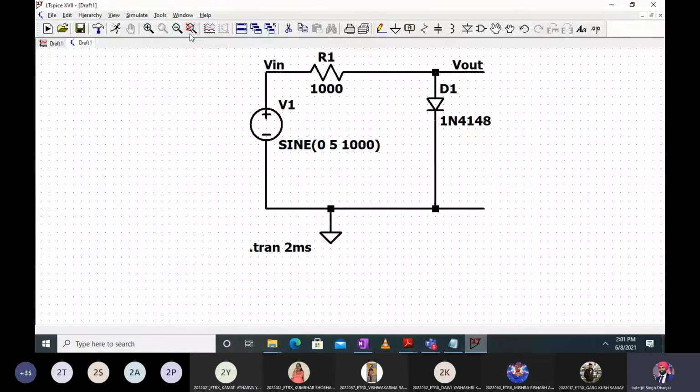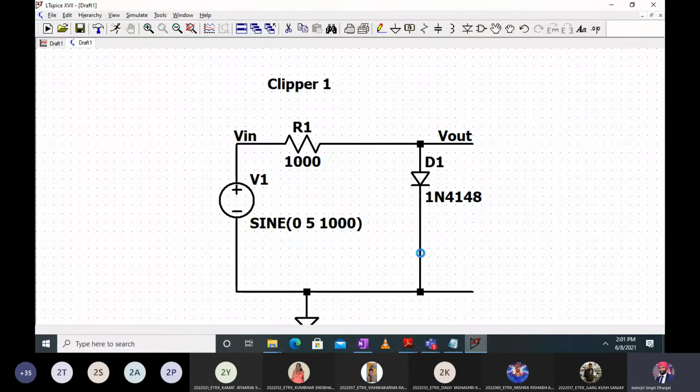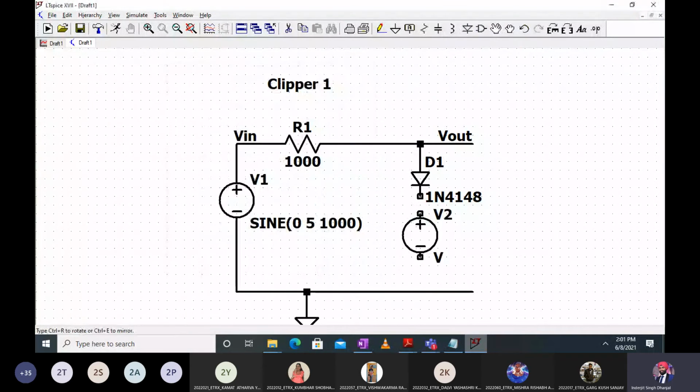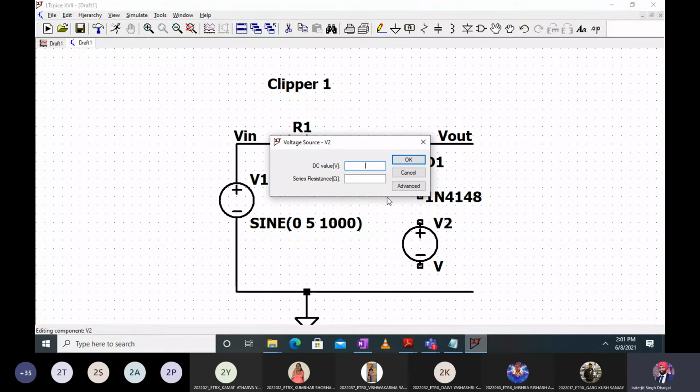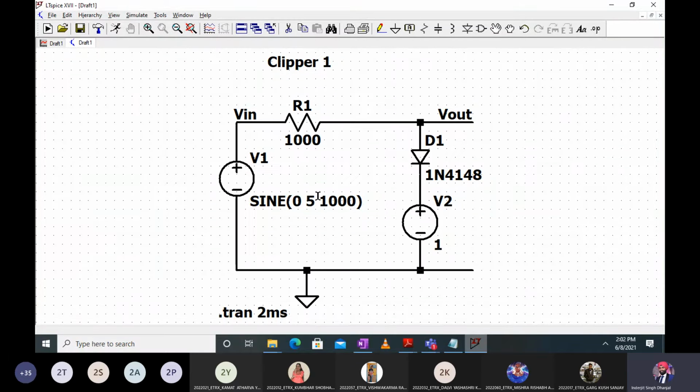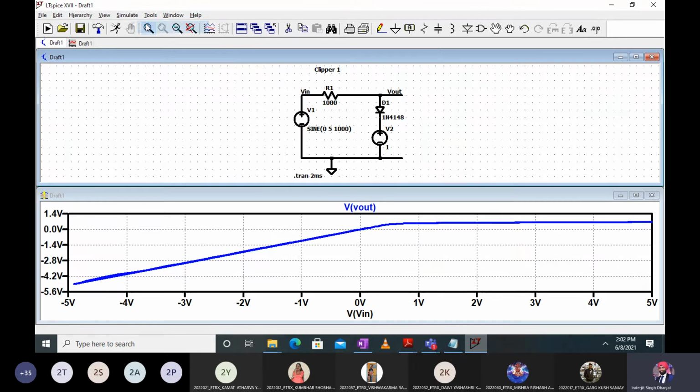So let me add a battery. I'll add a DC voltage over here like this. So this DC voltage, let's say it's 1 volt. Remember the turn on voltage of the 4148 is 653, so ideally it should be 1.65 volt. Okay. So now I will simulate it. Now I will simulate the characteristics.